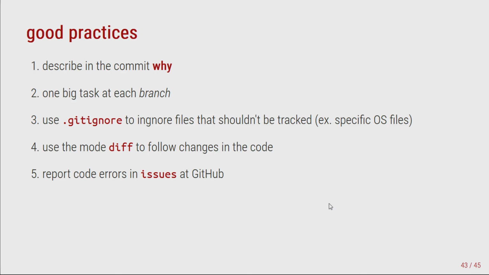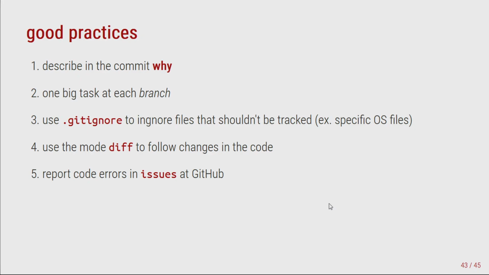If you have different tasks to perform in the same repository, it's a good idea to work on branches. Use gitignore to ignore files that won't be tracked, because sometimes we have large files that we won't be adding to GitHub, or specific operating system files.